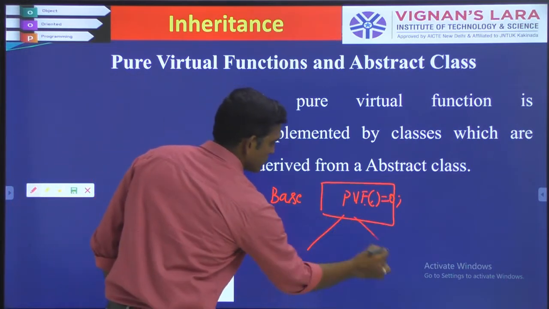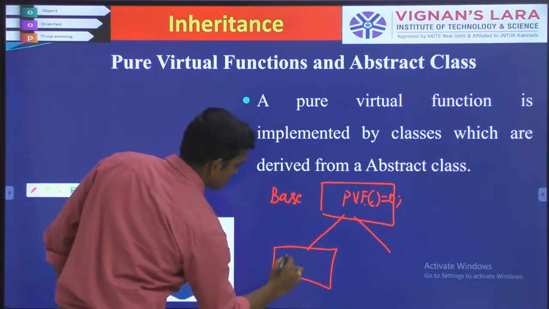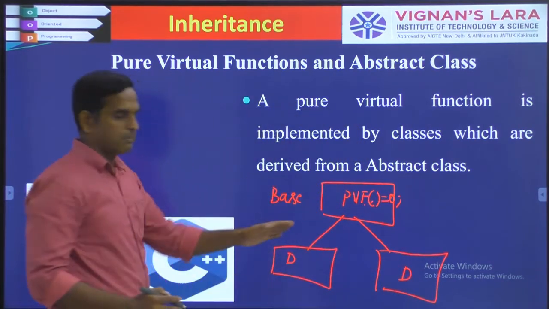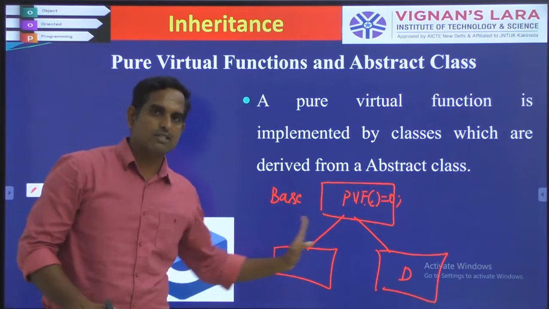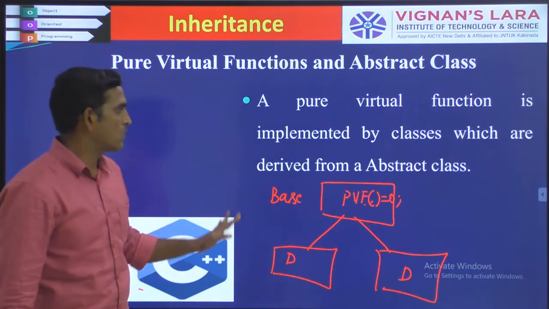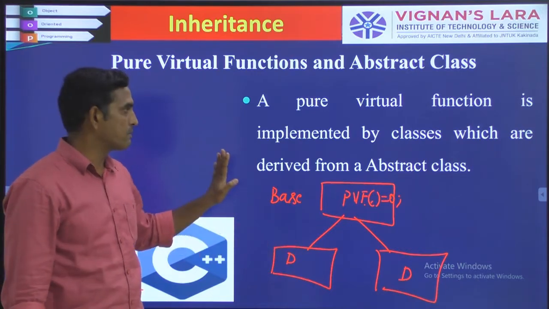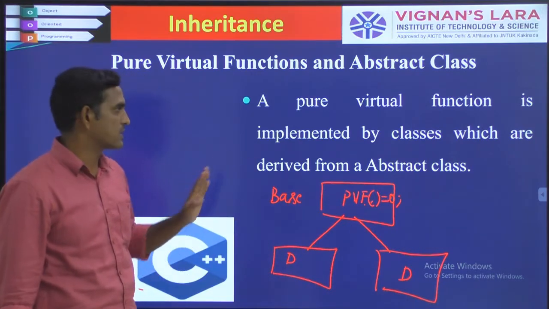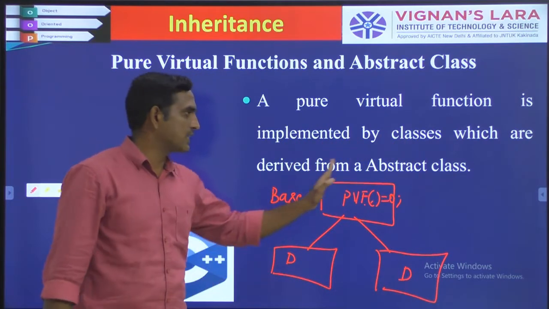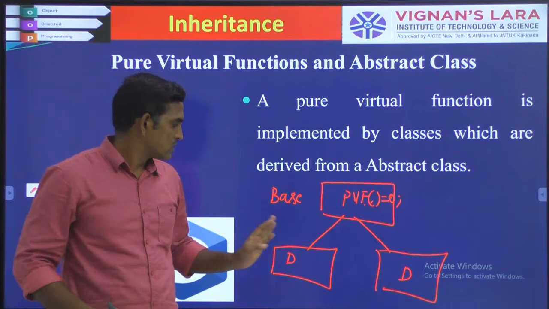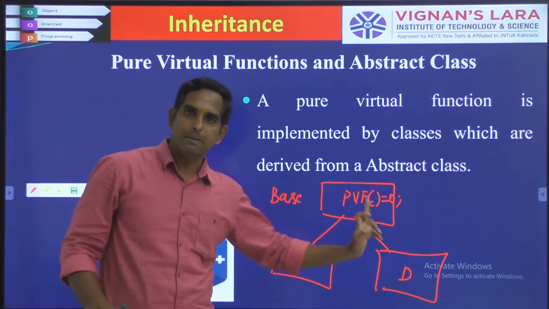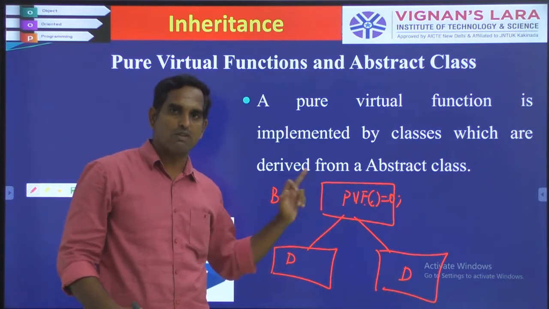Any class which derives the properties of the base class, these are the derived classes, has to implement this particular virtual function. So the classes derived from your base class have to implement this pure virtual function.